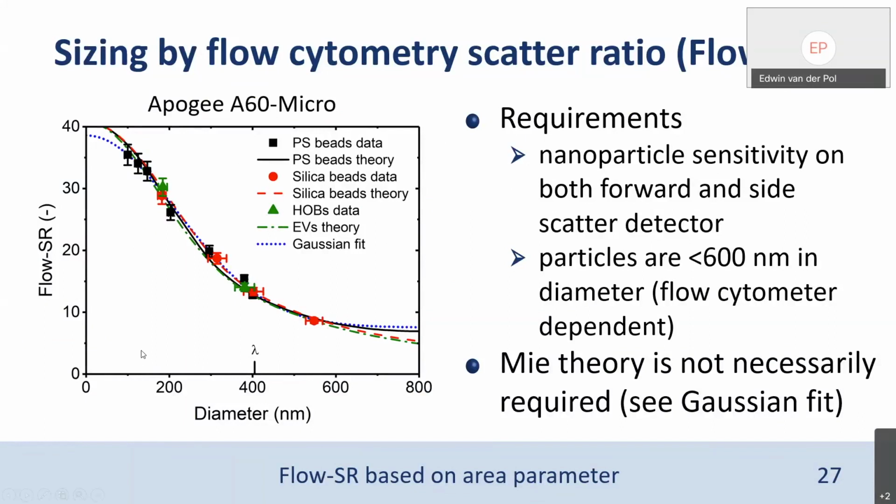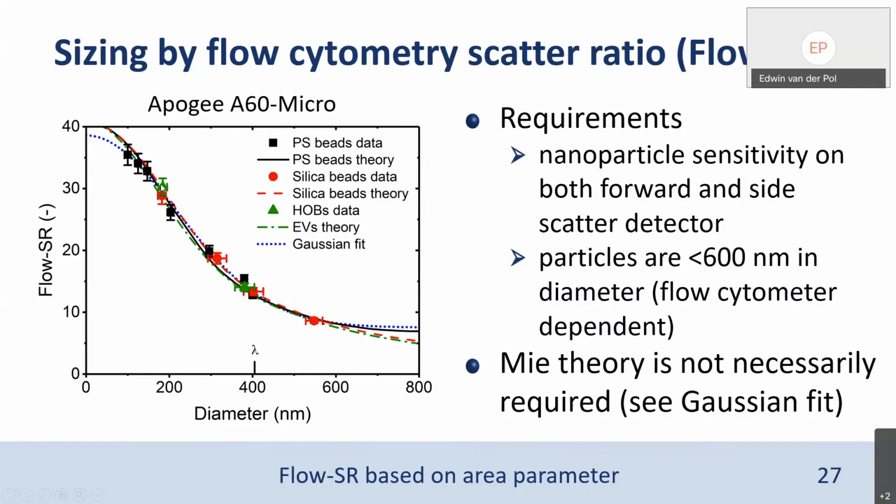You can imagine below 100 nanometers, this slope here becomes very flat, because particles do not scatter light angle dependently anymore. And you get isotropic scattering here in what we call the Rayleigh regime. So below 100 nanometer, we can mainly say the particle is below 100 nanometer, and that's probably it. Although I have no data on that because we cannot measure it.